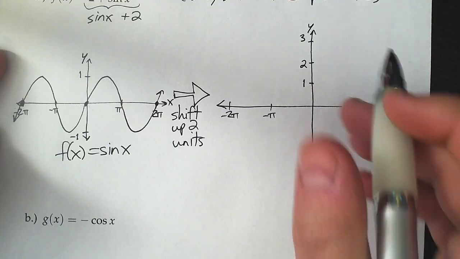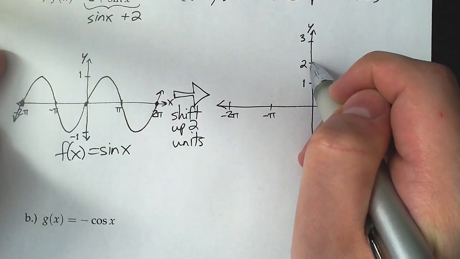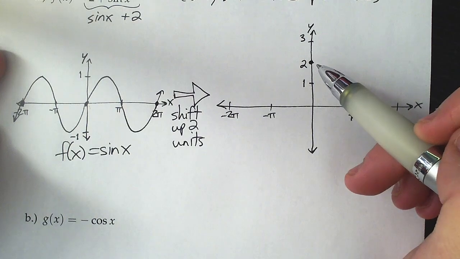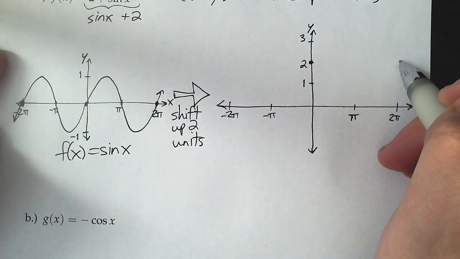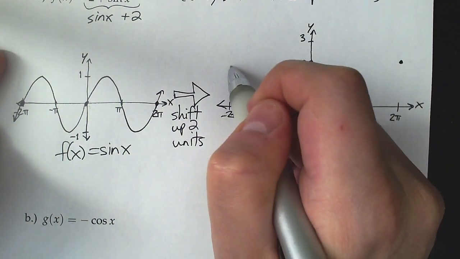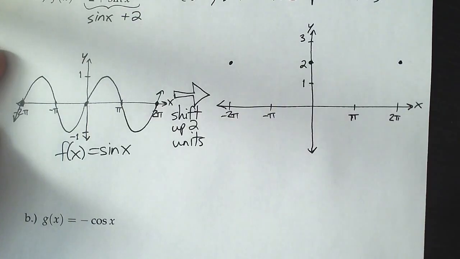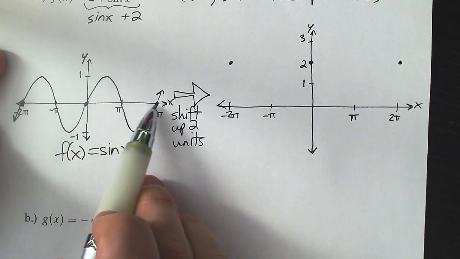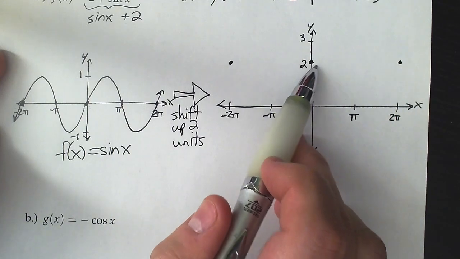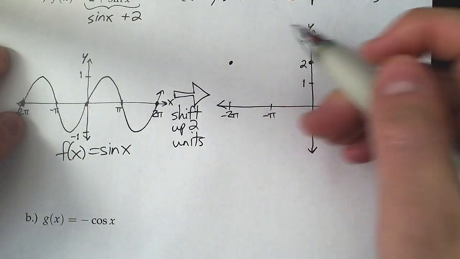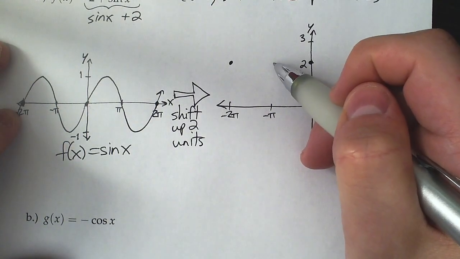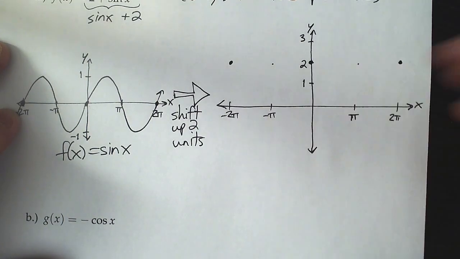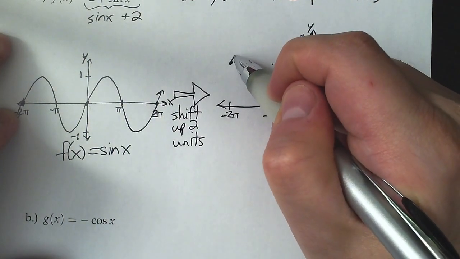So when everything gets shifted up, instead of passing through 0, 0, we pass through 0, 2. Maybe I'll start with those same 3 points. Shift it up 2 units. These 3 points are now up here. Could also do a little dot here and a dot here. I know it's going to touch those points, and then I'll kind of complete the graph.